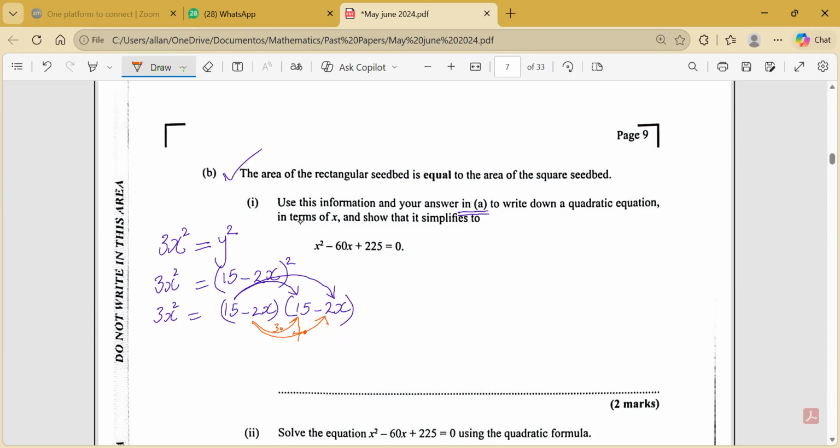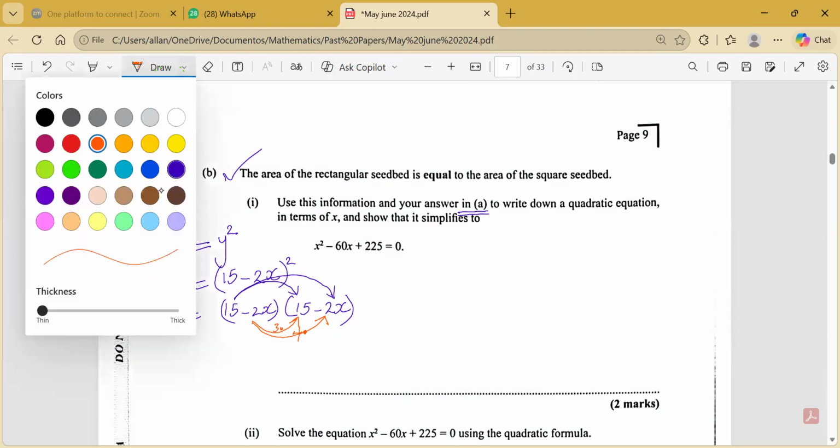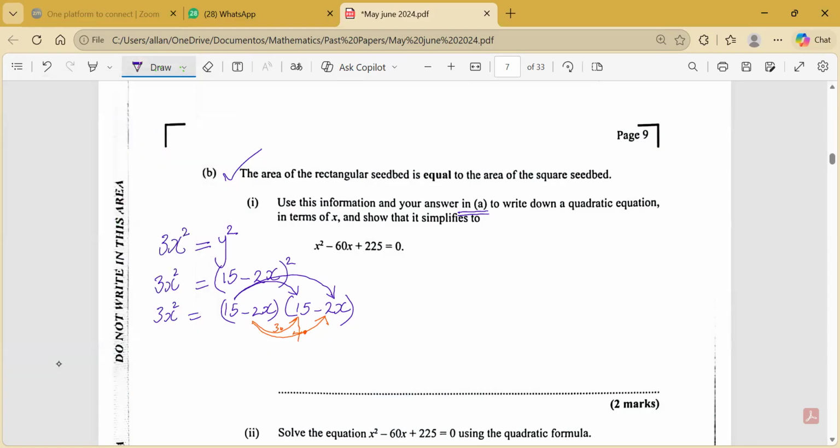What is 15 times 15? 225. 15 times negative 2x: negative 30x.